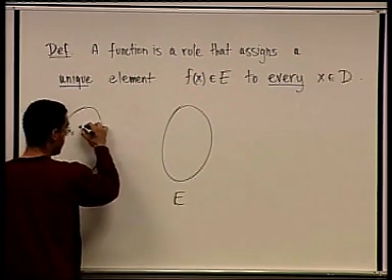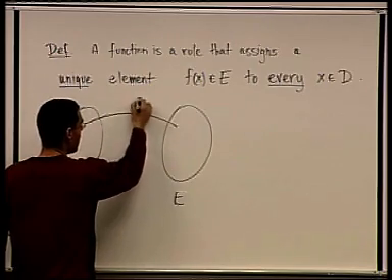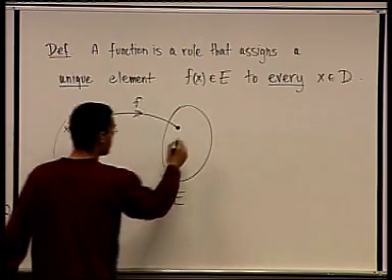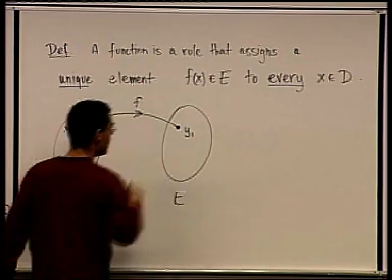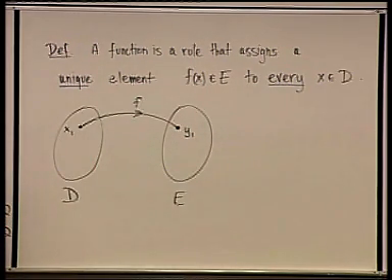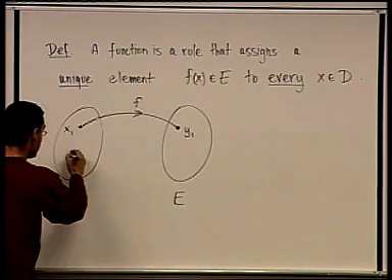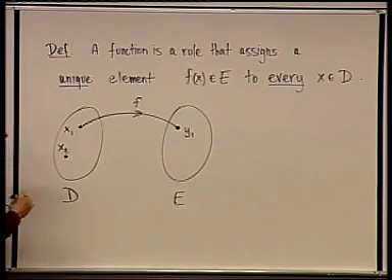There it is. So this is F, and it maps it to some element in E. Let's call it y1. Do you agree? Okay. And there should be an arrow coming out of any x here. So if this is x2, there's going to be an arrow coming out of x2.